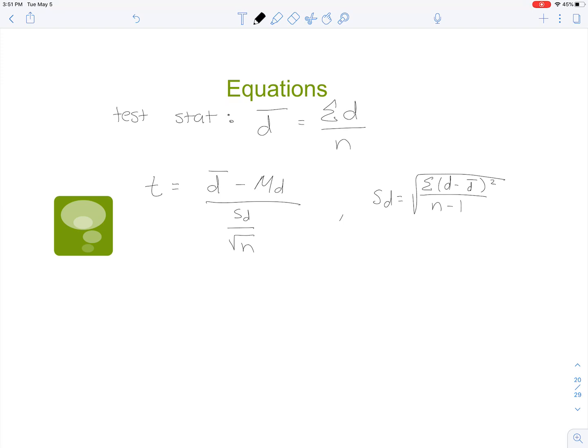We could also rewrite this just to help us a little bit more as the sum of d squared minus the sum of d, squared, over n, all over n minus 1.